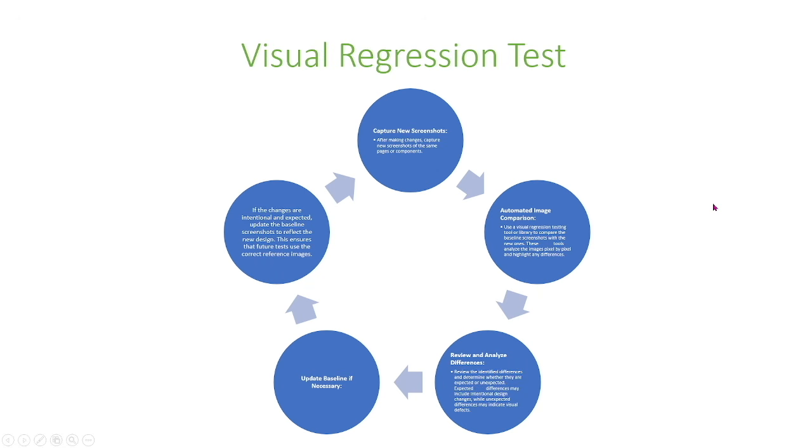Here is a diagram for visual regression testing. Capture new screenshot. Use automation tool to compare screenshots. Review, analyze difference. If necessary, update baseline. If changes are intended or expected, update the baseline screenshot.